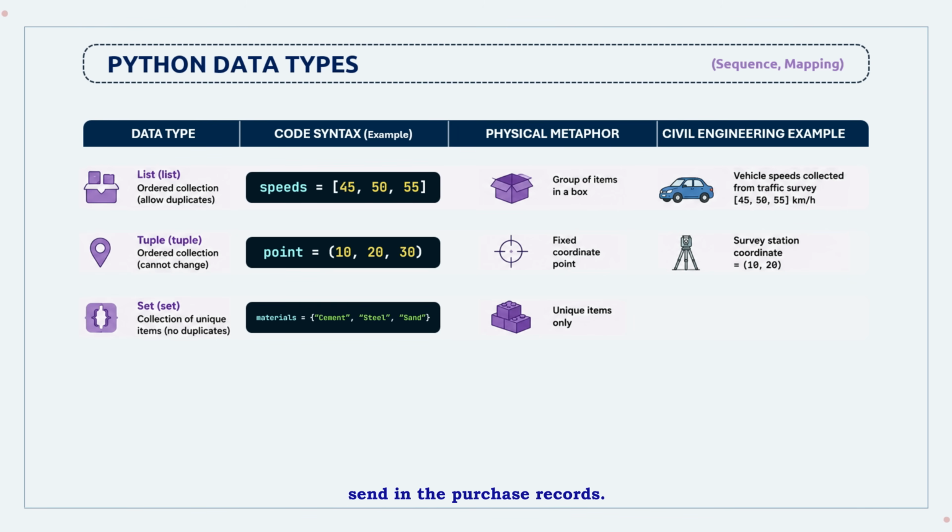In the purchase records, some material names may appear multiple times. But if we want to prepare a final inventory list showing only unique material names, we do not want the duplicate entries. So the final list will become cement, sand and steel. In the same way, a Python set stores only unique values and automatically removes the duplicate entries.